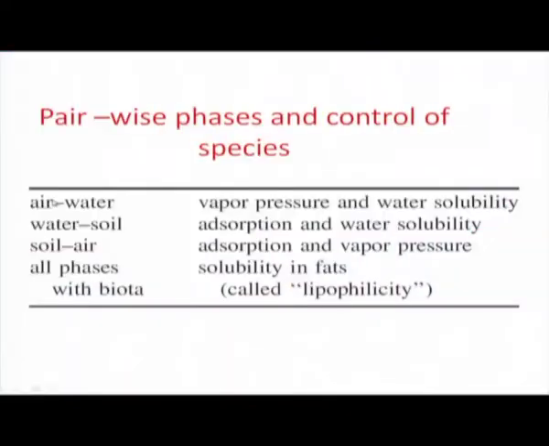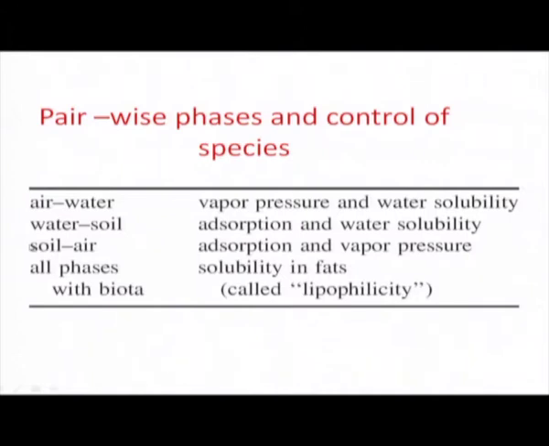For this, not only the solubility, but the other components and properties of the chemical species are also important. In fact, the water system is in intimate contact with the atmospheric air, and the bottom of the aquatic system is intimately in contact with the soil.